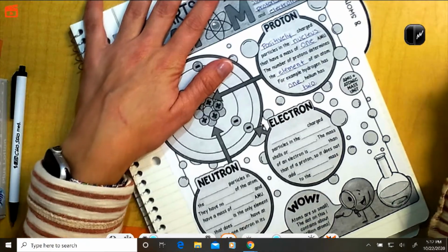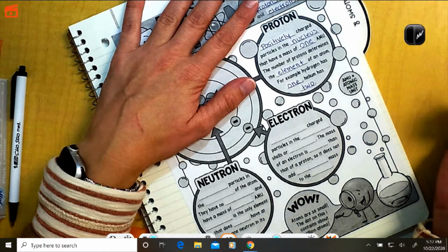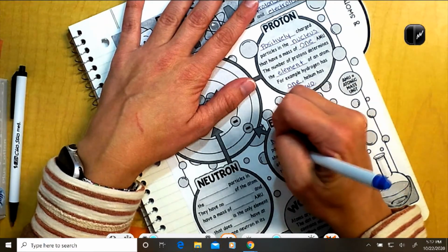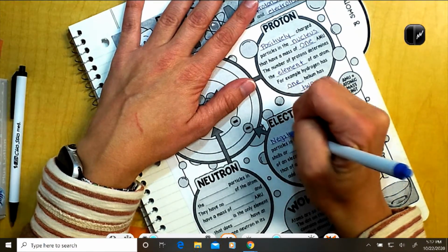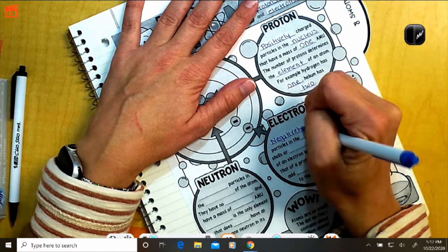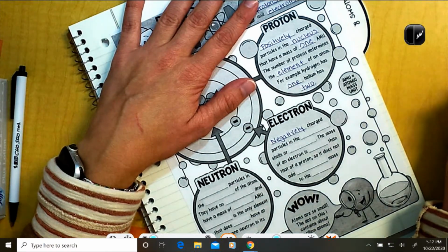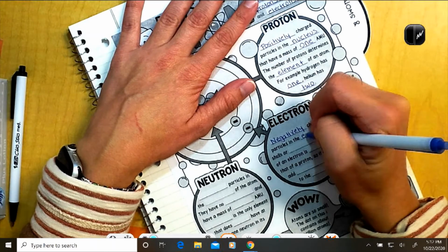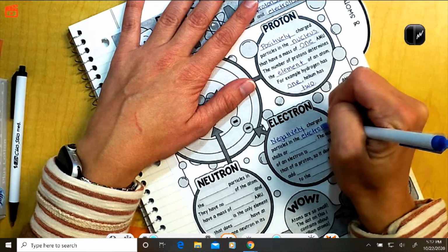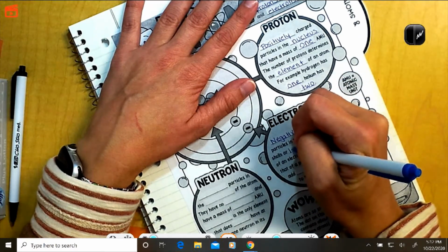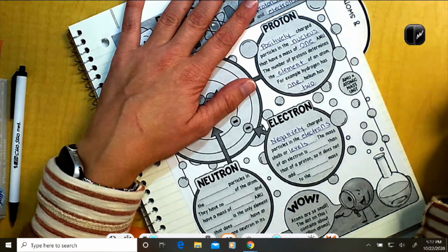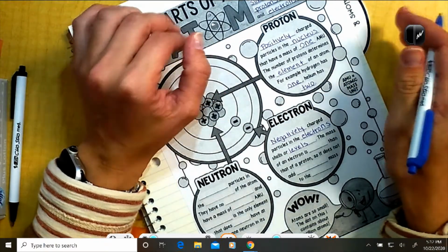Cool. Let's move on to electron. Electrons are negatively charged particles in the electron shells, or levels, or clouds, or I like to call them racetracks. That's not very scientific, but I like it.